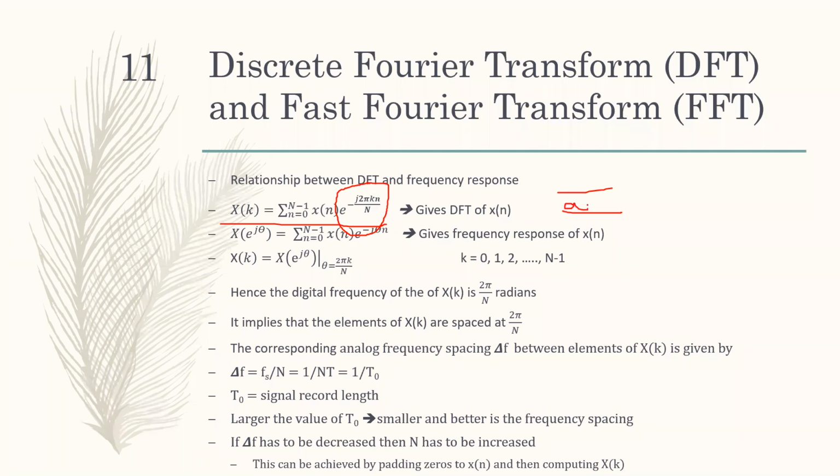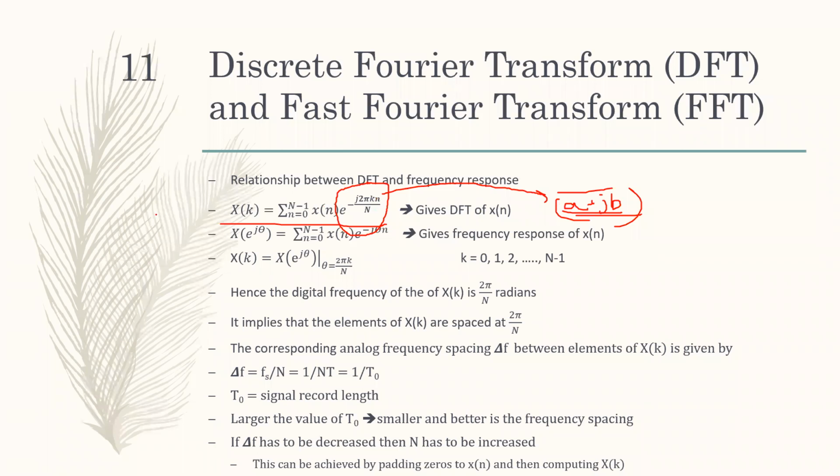The number can be in the form of a plus jb, where either b can be 0 or a can be 0, or both can take any values depending on what values you are substituting.